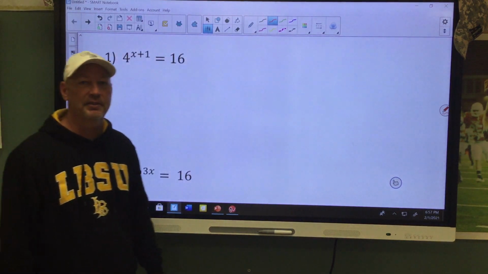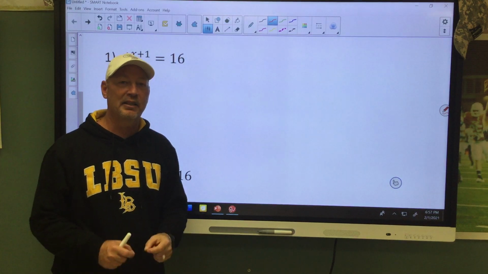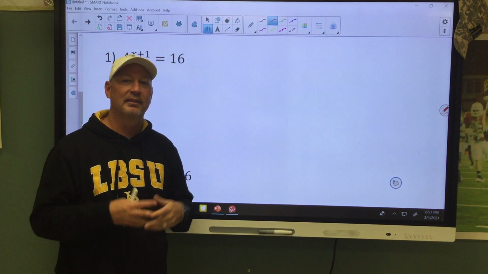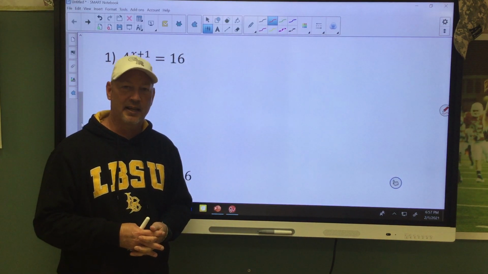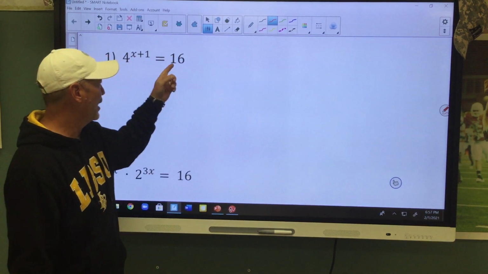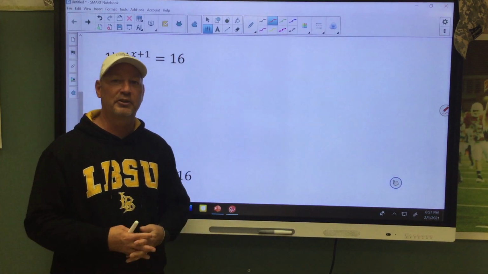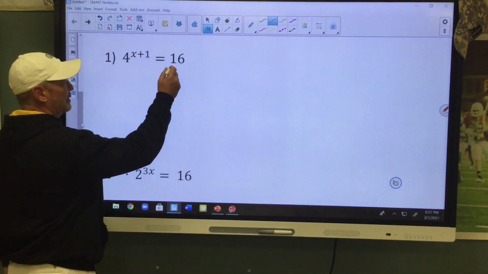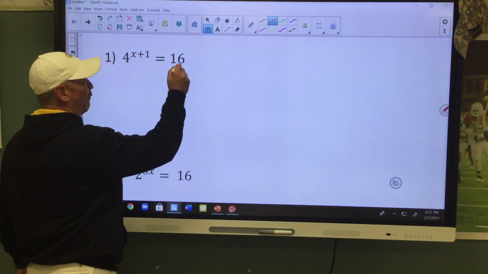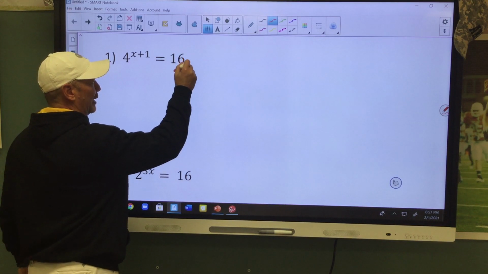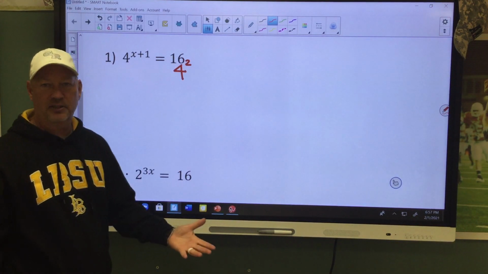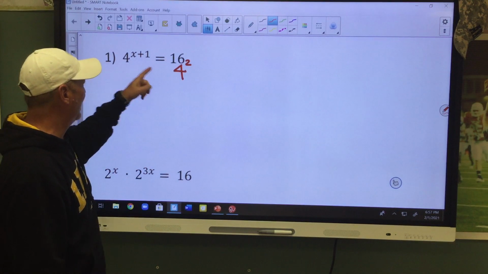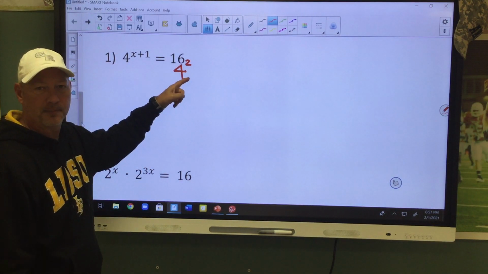Now I don't have the same base. I need to see if I can rewrite 16 as an exponent. Does anybody know how to rewrite 16 with the exponent as 4 as your base? Sure. You could convert 16 to 4 to the second power. There's 16. Now my bases are the same.